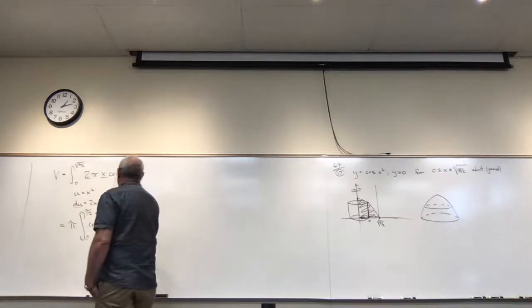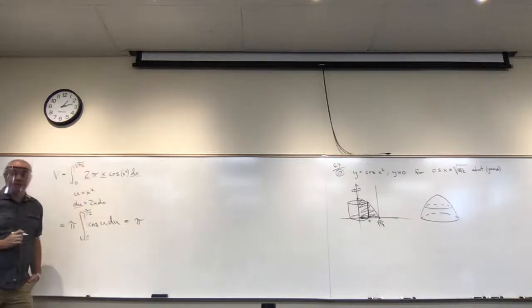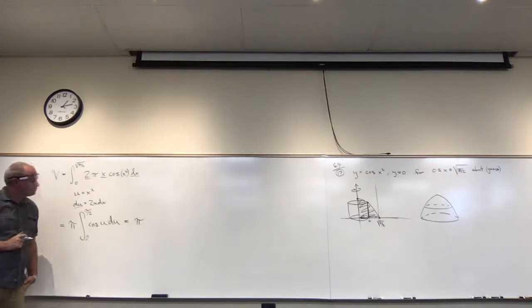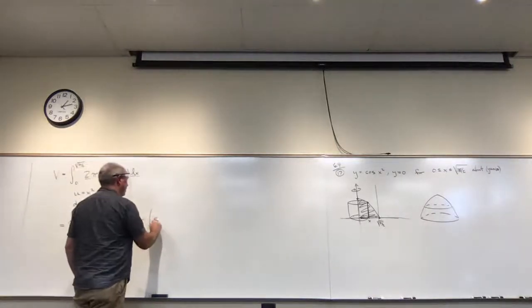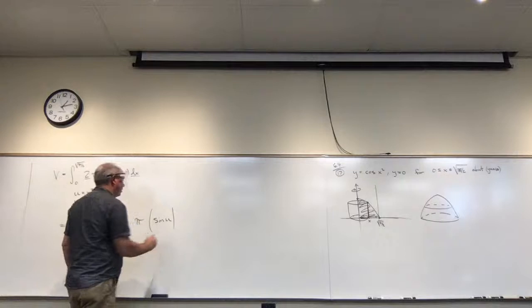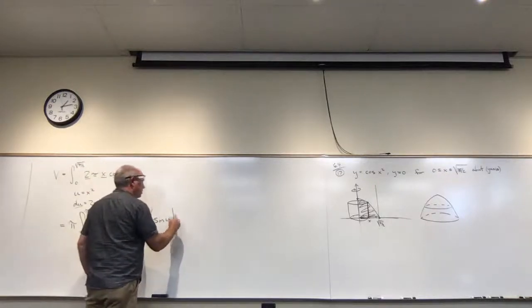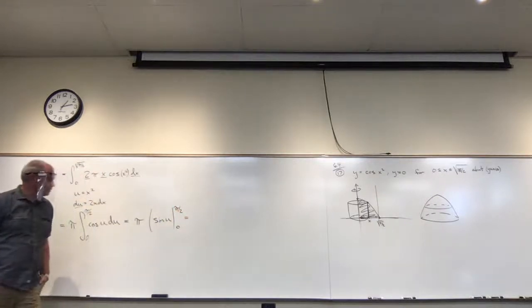So the antiderivative of cosine of u is what? Sine of u, right? So it's pi times sine of u evaluated from 0 to pi over 2.